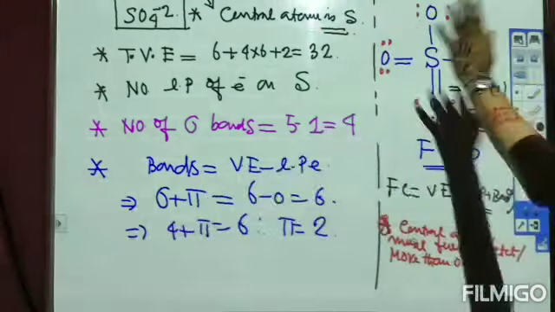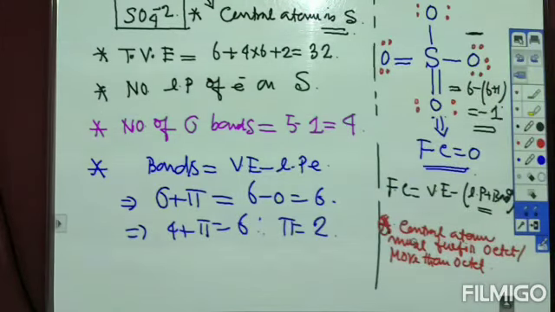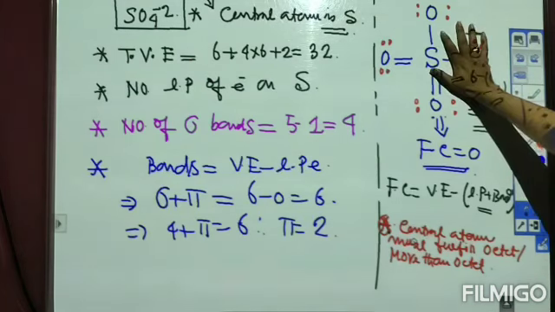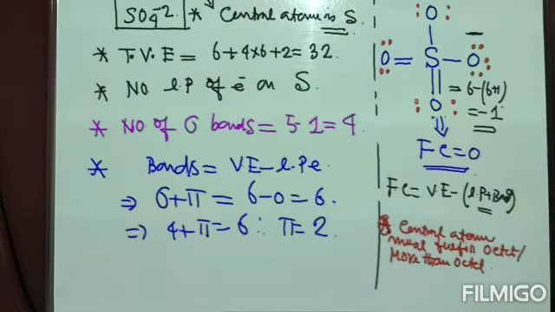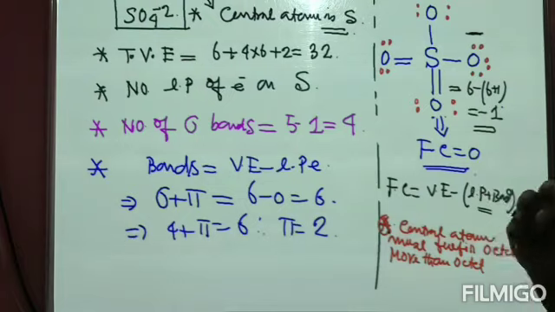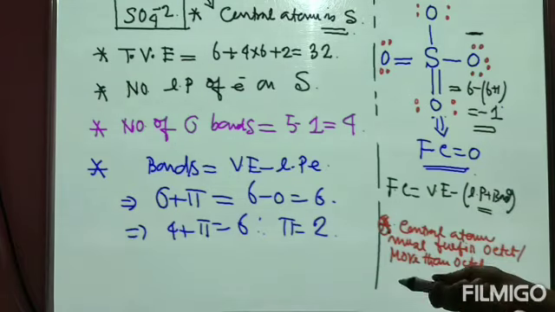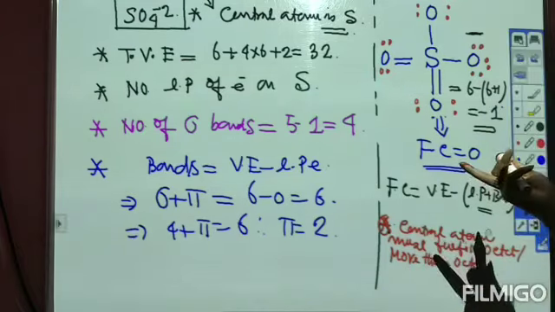This is the Lewis dot structure of SO4 minus 2. Now count the total electrons. Total electrons 32. Let's count the electrons.